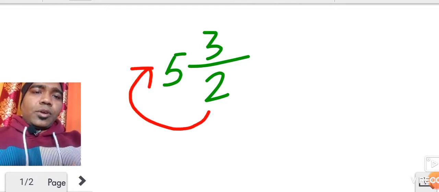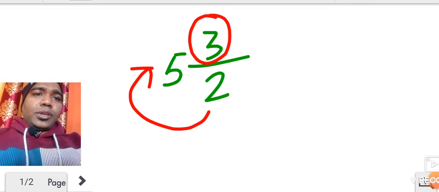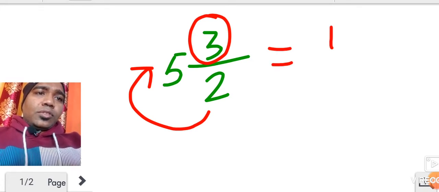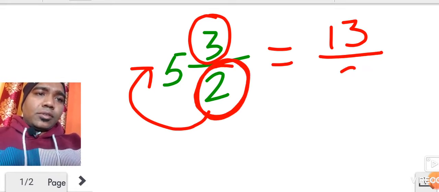So 2 into 5, how much will we get? 10. Then the numerator is what? 3. So to 10 we'll add 3. How much will we get? 13. So this 13 we will write in the numerator, and whatever is in the denominator, just write as it is. So it will become 13 by 2.